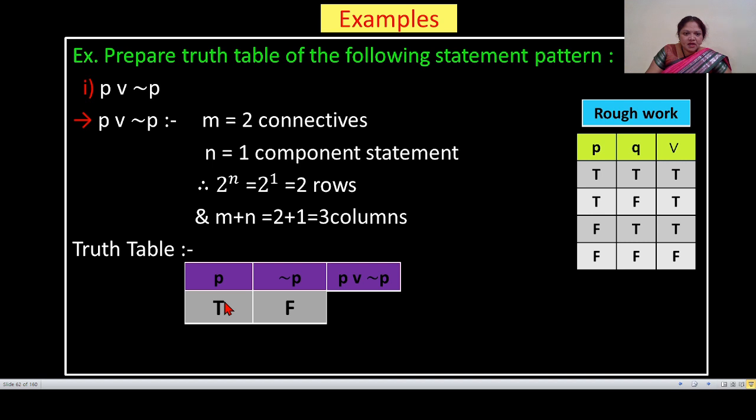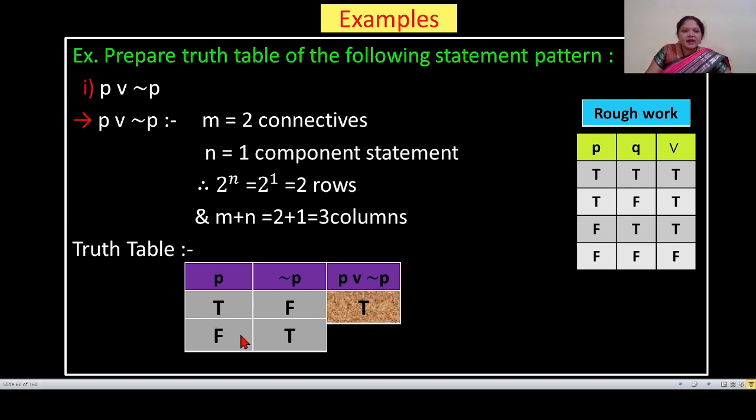If statement P is true, then its negation is false, and if statement P is false, then its negation is true. And we know that a disjunction is true in all cases except when both statements are false. If both statements are false, then their disjunction is false. Therefore, T or F is T and F or T is T.